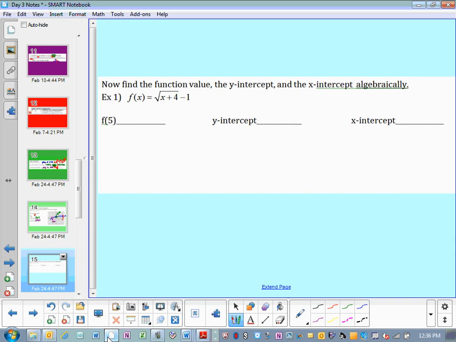So go ahead and show your work, plugging in 5 algebraically without a calculator.